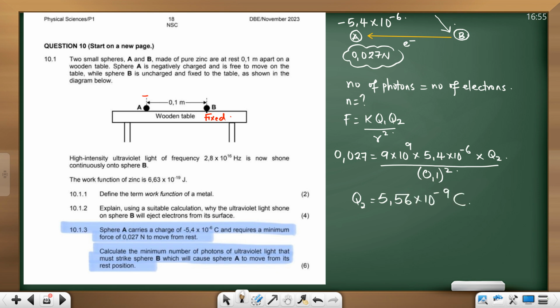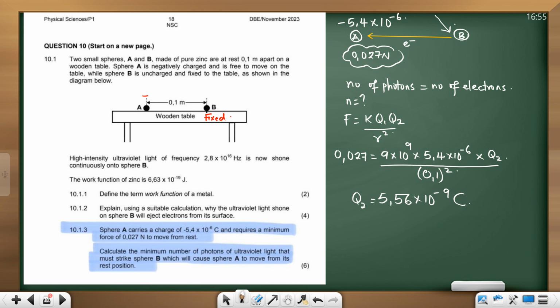Now we are saying if Q can have a charge of 5,56 times 10 to the power negative 9, then we can produce a force of 0,027. But now, how many electrons will give us that value? That's what we need to check now.